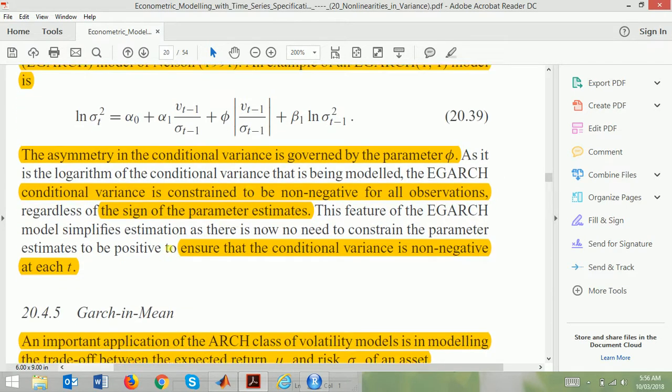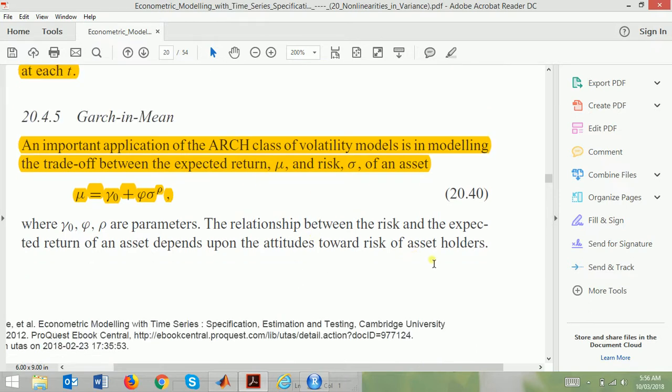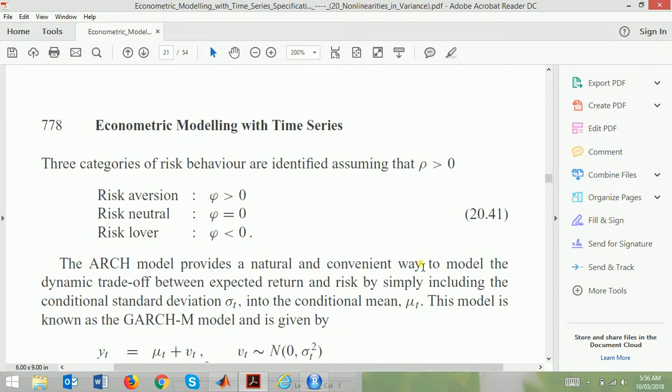No, it's not phi, it is epsilon. The relationship between the risk and expected return of an asset depends upon the risk-taking attitudes of asset holders.